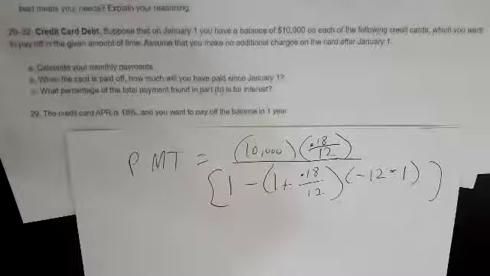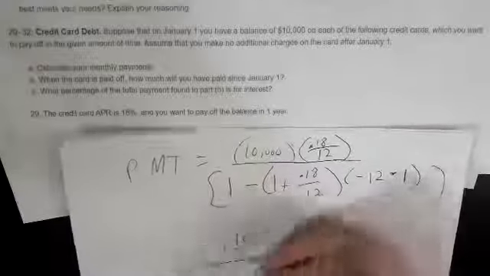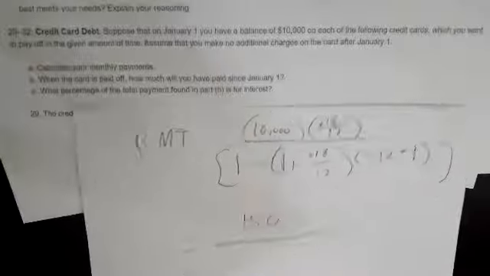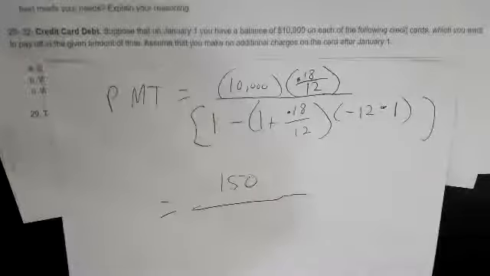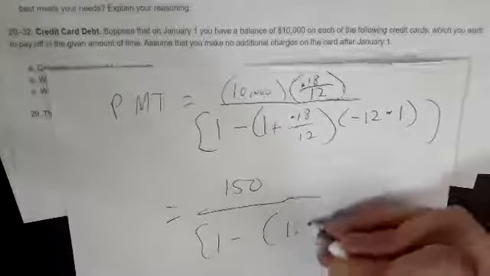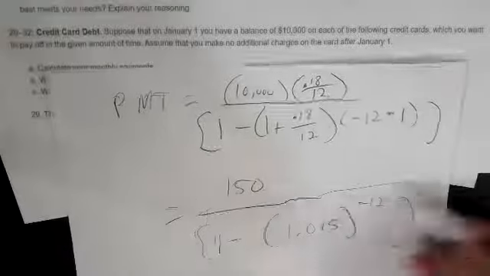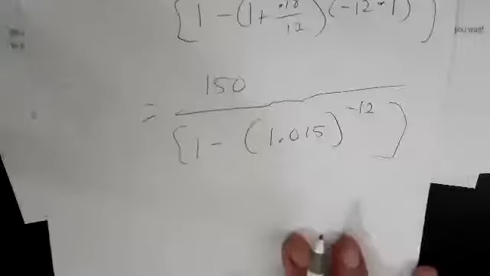0.18 divided by 12, and then what? Multiply that by 10,000. So this gives me 150 on top. If I do 0.18 divided by 12, it gives me 0.015. That's 150 on top. And now I've got to raise that to the minus 12 and subtract from 1.